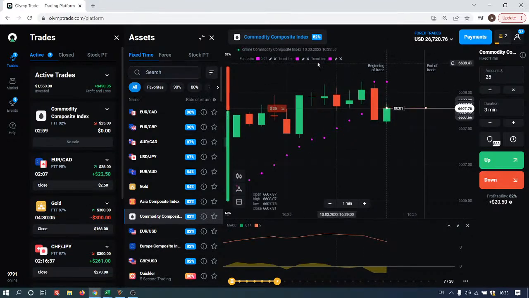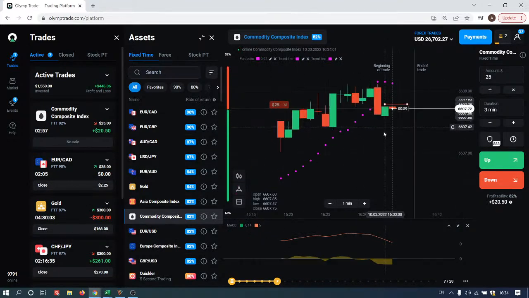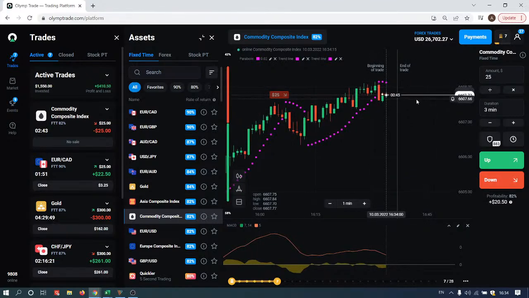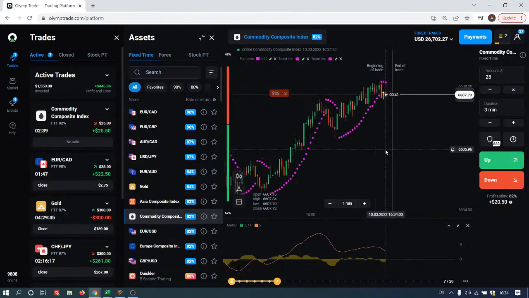Right, let's give it a try on commodity composite index. So we have a fresh new wave, possibly. Possibly the next 10 to 15 candlesticks will close under the parabolic SAR, and this new downtrend will continue.